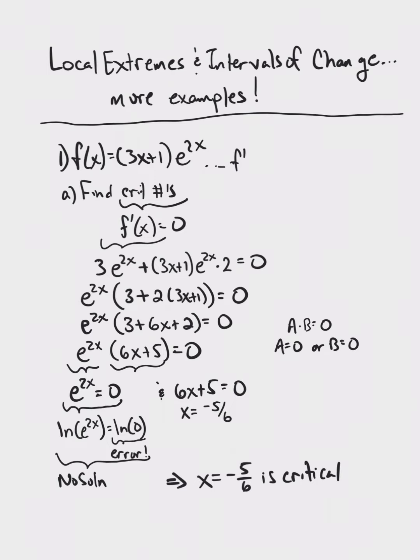Now, one thing I realize I've left off, and this is a downside to doing these problems this way, to say your derivative is equal to 0 and then find the derivative and keep setting it equal to 0. It might be easy to lose the derivative. So you might want to pause a second and ask yourself where the derivative is in this, because once we get to finding the intervals of increase and decrease, we're going to want to know what the derivative is.